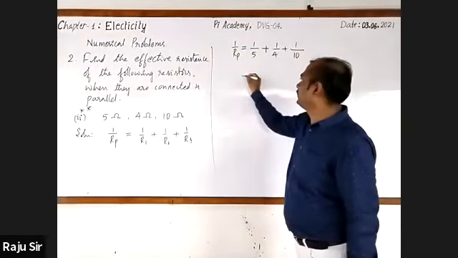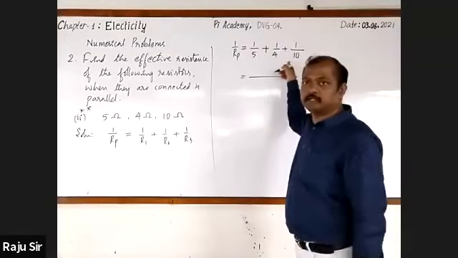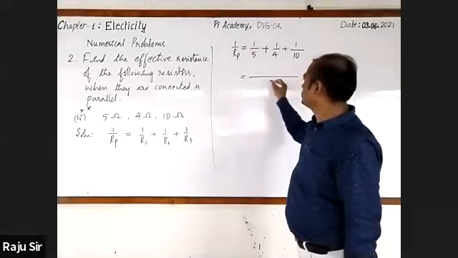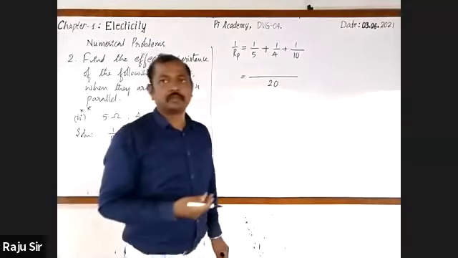Now you may go for taking the LCM of the denominators. LCM of 5, 4 and 10. It is 20. We have already learned how to find out LCM.